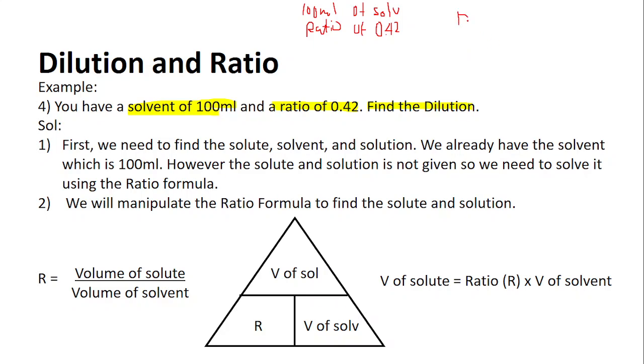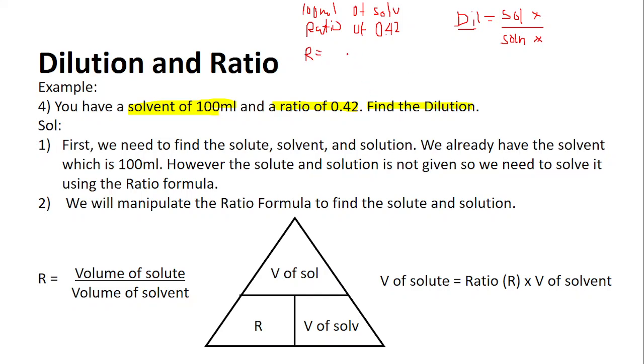Okay, so dilution, okay, your formula is solute over solution. So based sa aton given class, wara kitan solute, wara kitan solution. So kailangan anay naton mahanap inin duwa before solving for dilution. So given sa aton si ratio and solvent. Now para ta mahanap ini, let's start sa formula sa ratio.